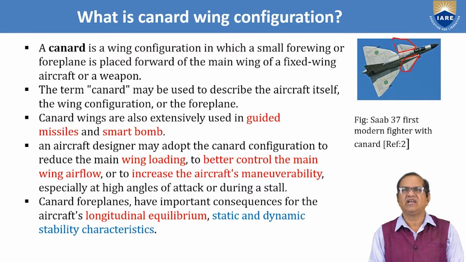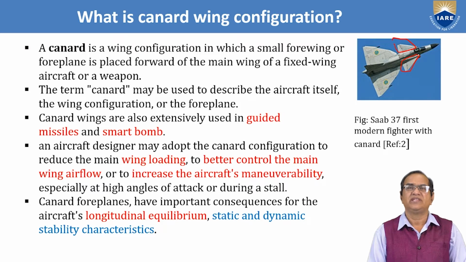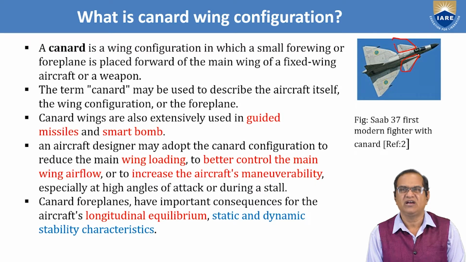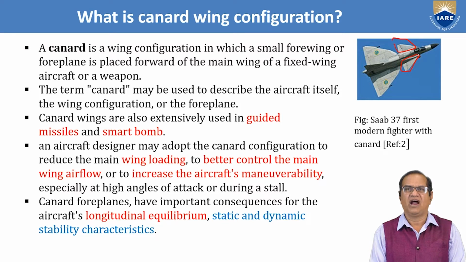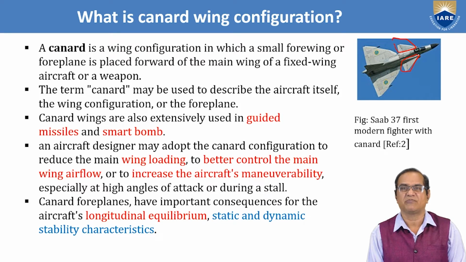A canard is a wing configuration in which a small forewing or foreplane is placed forward of the main wing of a fixed wing aircraft or a weapon. The term canard may be used to describe the aircraft itself or the wing configuration of the foreplane. Canard wings are also extensively used in guided missiles and smart bombs.